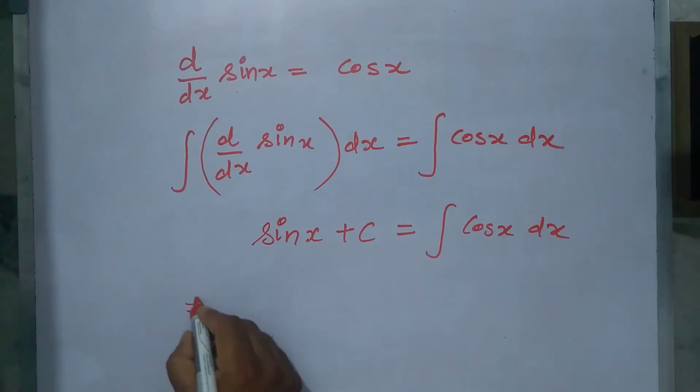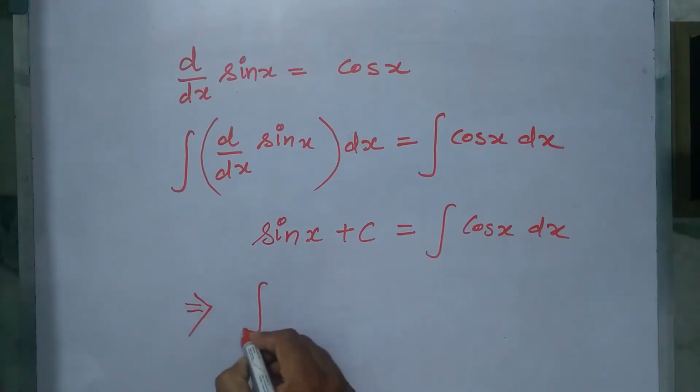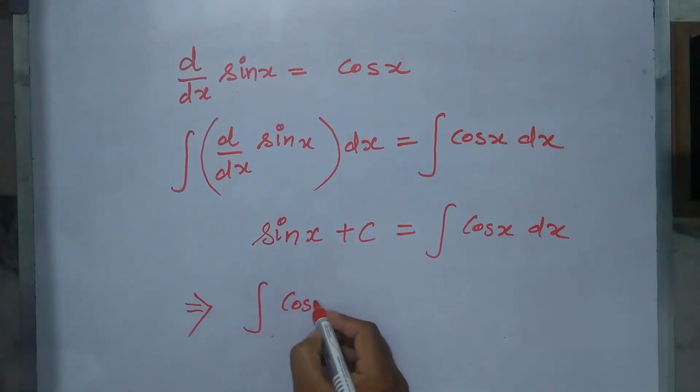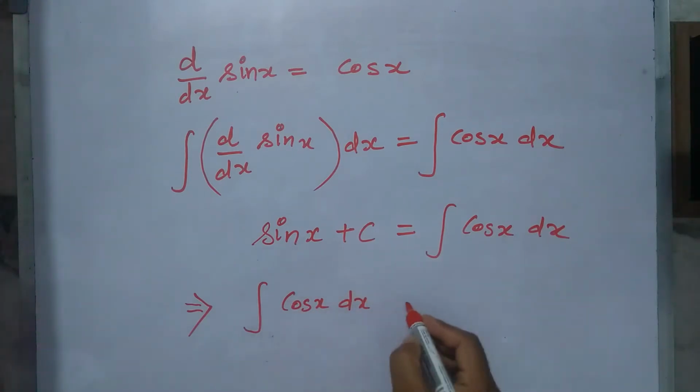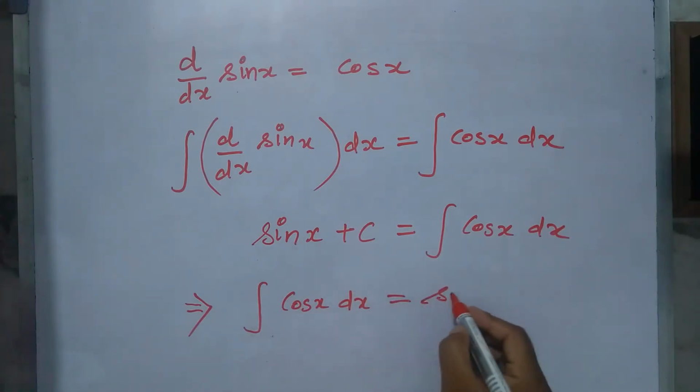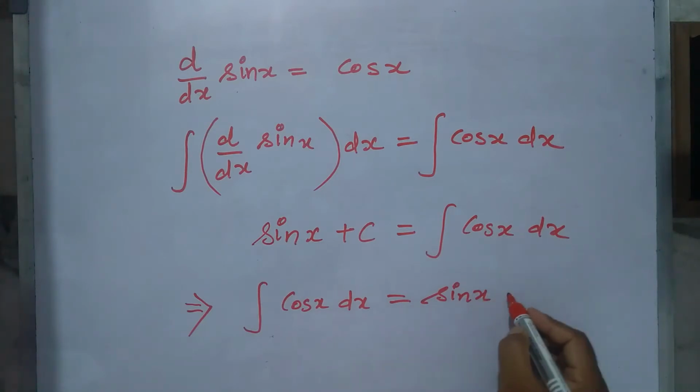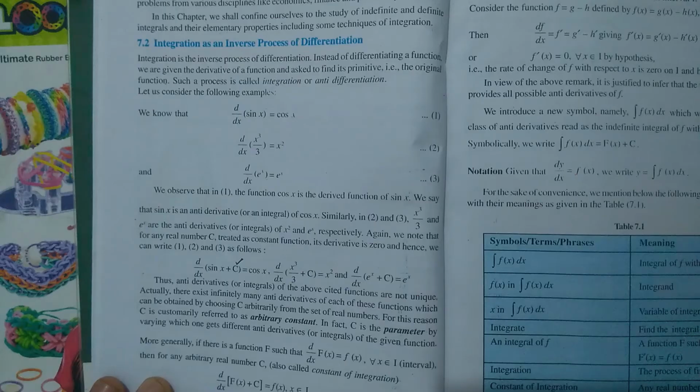That is, finally we have integration of cos of x dx is equal to sin of x plus c. Again, this c is called constant of integration.